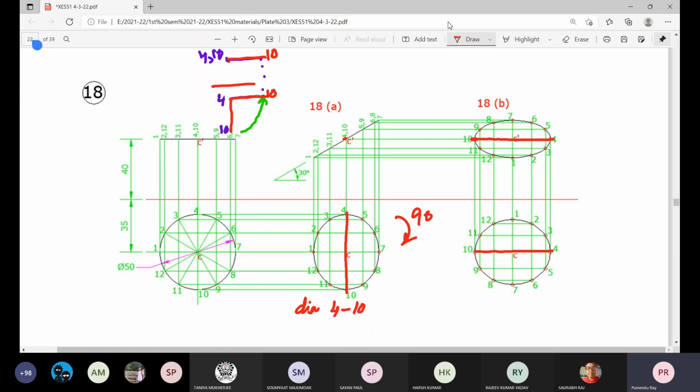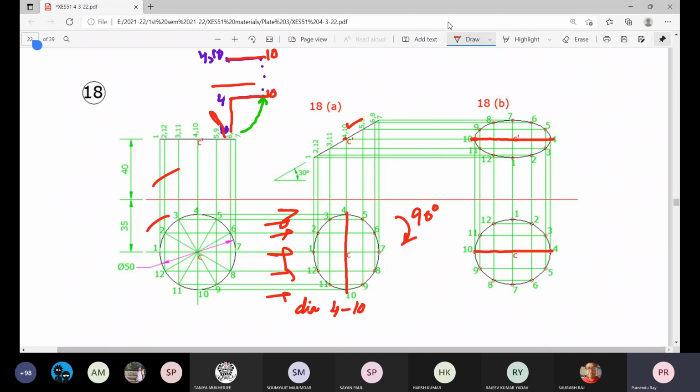So the only thing, once you determine this ellipse, this is the initial configuration. From that you rotate it through 30 degree, get this one, get the corresponding plan, just satisfying all these distances the same. Next, this 90 degree rotation of this whole figure, you need to do very carefully. The distances have to be satisfied.